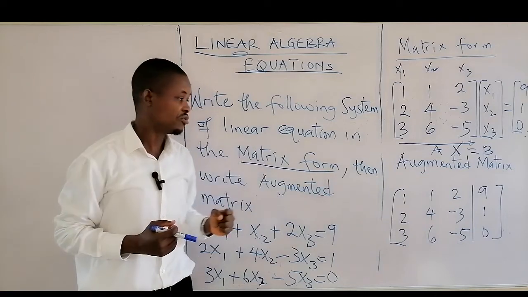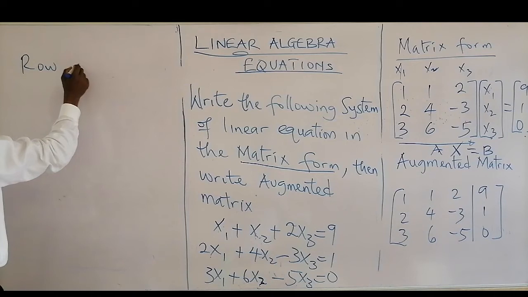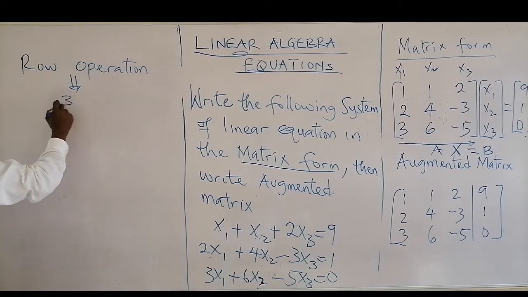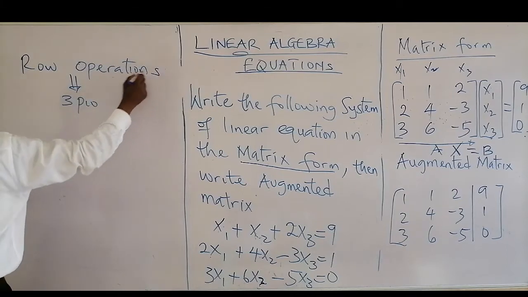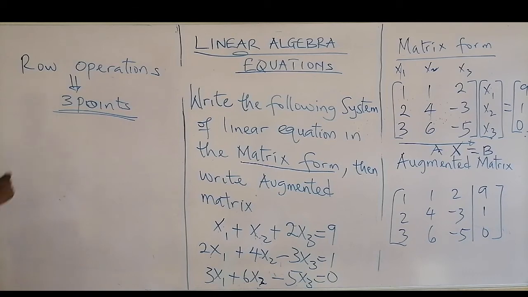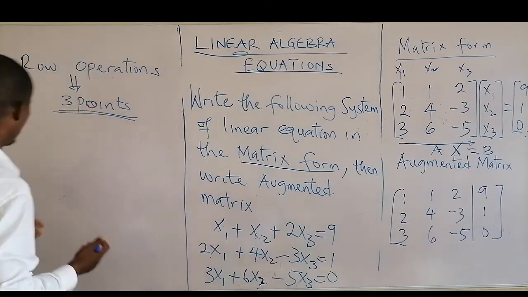That's the first step you have to do. Then the second part is the row operation. Row operation involves 3 key points. So what I mean is that the steps taken in row operation are as follows.